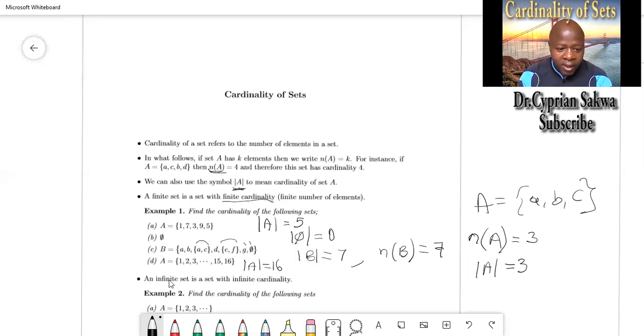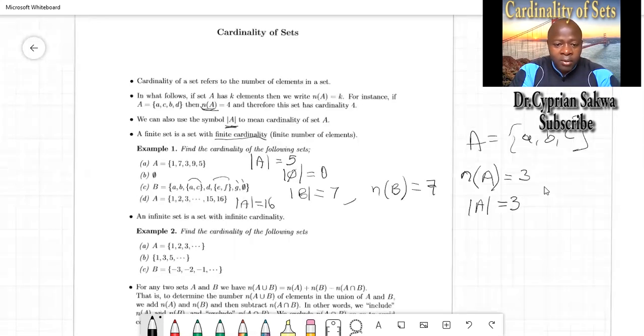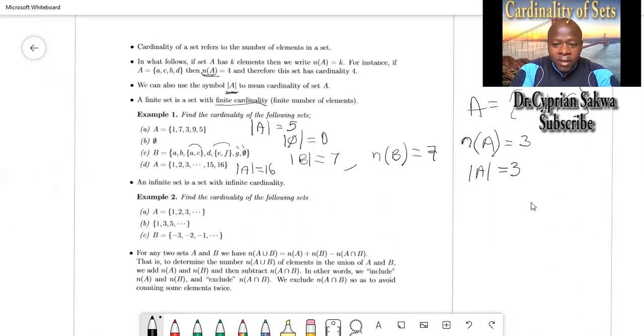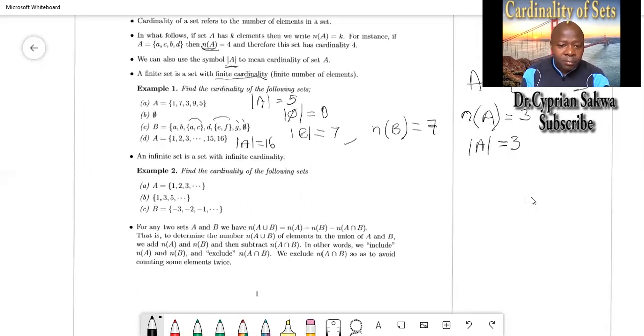What is an infinite set? We say that these are sets with an infinite cardinality. So the number of elements there is infinite. Let's look at an example of a set with infinite cardinality. This set A has elements 1, 2, 3.